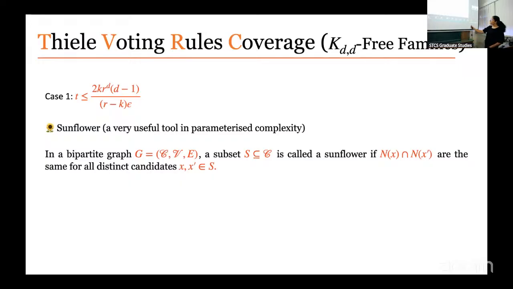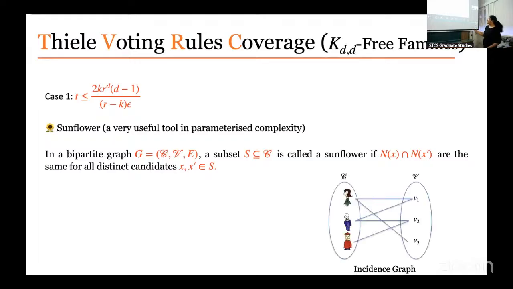So what does it say? You have a bipartite graph. A subset of this candidate set is called a sunflower if the intersection of all these sets is the same. For example, every 2 candidates always form a sunflower.